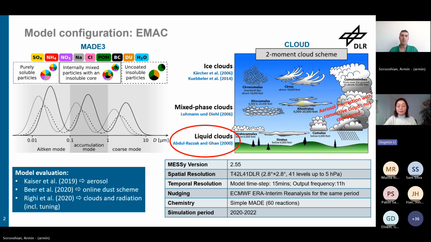We use hourly outputs for comparison in this talk. We did simulations for the ACTIVATE measurement time, 2020 to 2022. We use nudging to reproduce ACTIVATE conditions as much as possible. So next slide, please.